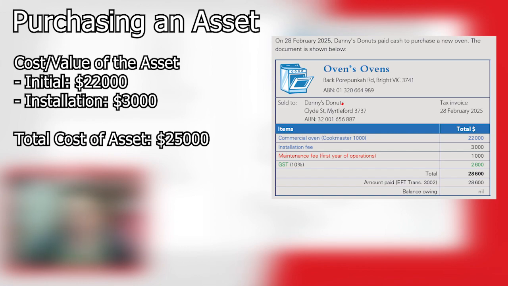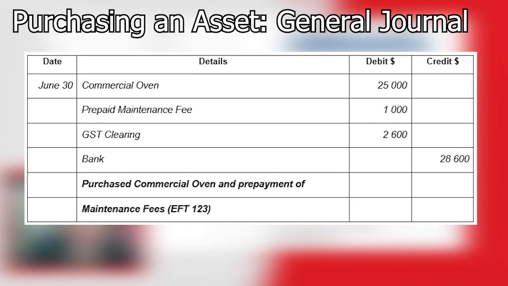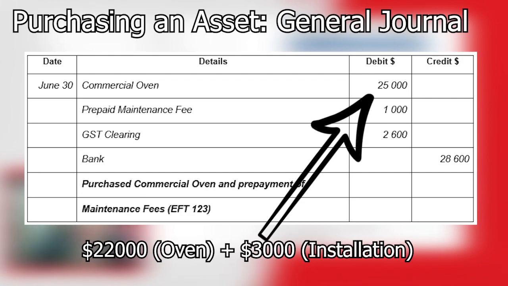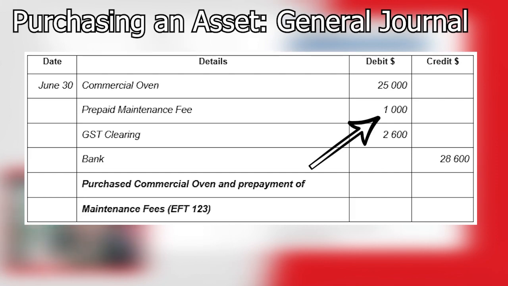So our general journal would reflect that. So you can see the commercial oven here. That account is a debit of $25,000 because that's $22,000 on the actual oven plus the $3,000 for installation. Then you add on the prepaid maintenance fee for $1,000. That's a prepaid expense that will be deducted every month.